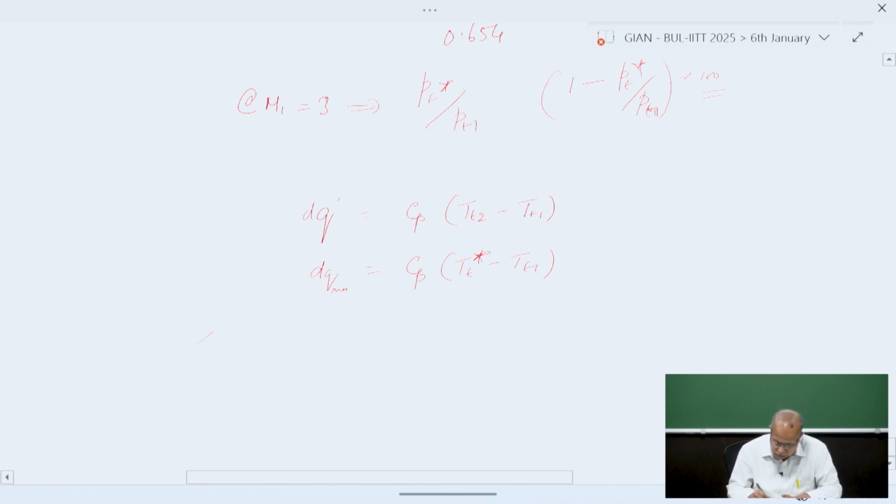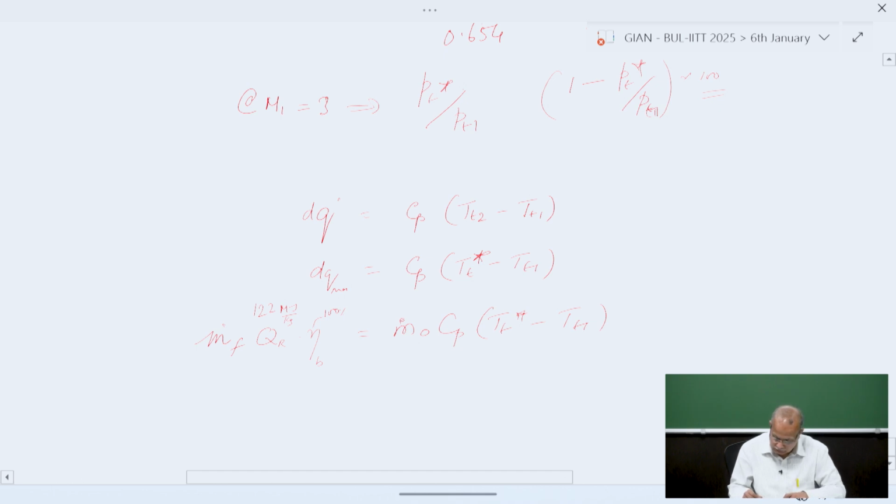We need to write the full equation. This is the amount of fuel that is required of that calorific value, which is 122 megajoule per kg because of the hydrogen. No efficiency information is given on the combustor, so we'll assume that to be 100%, is equal to m dot o, mass of air, Cp Tt star minus Tt1.